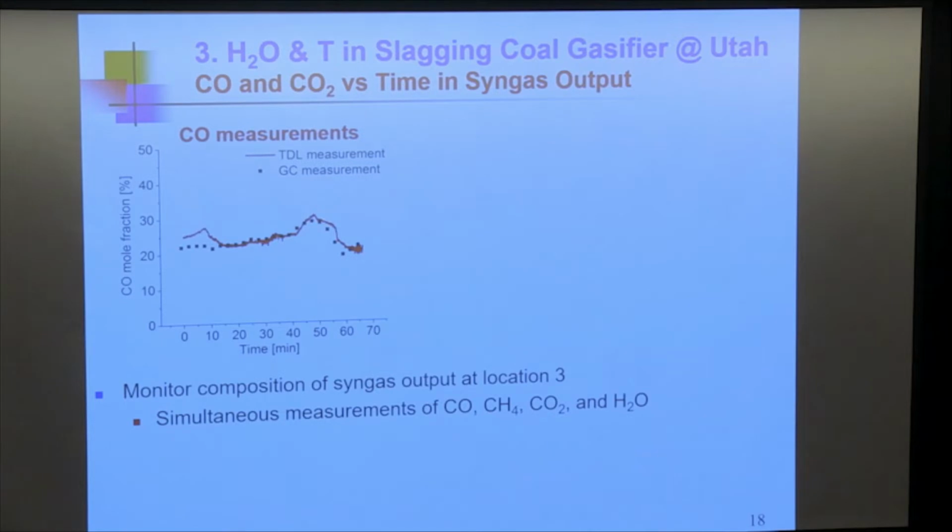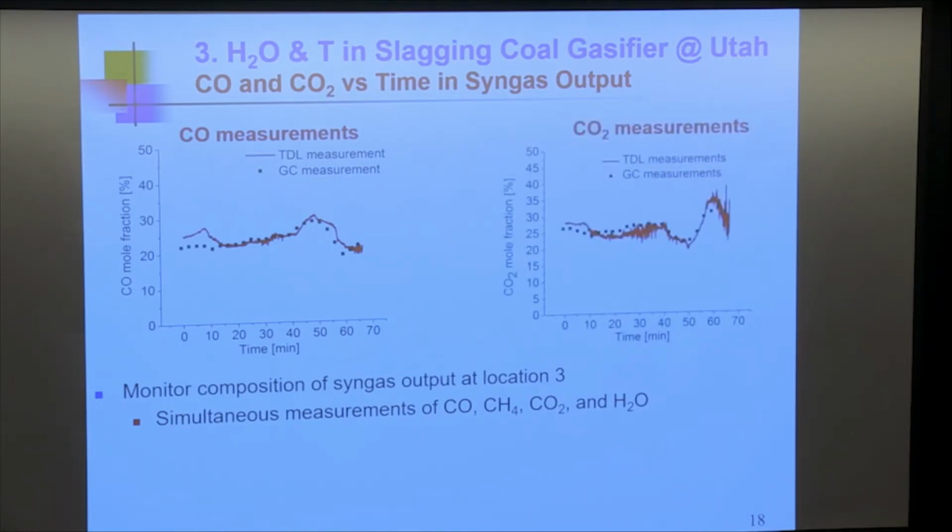They had the ability to extract some samples with the GC, which is how they'd always done it before. The virtue of the TDL is that it's truly continuous. But they weren't happy until we showed them that we got basically the same answer as the GC. They're chemical engineers, so they're comfortable with GCs. CO2 mole fraction, same thing.